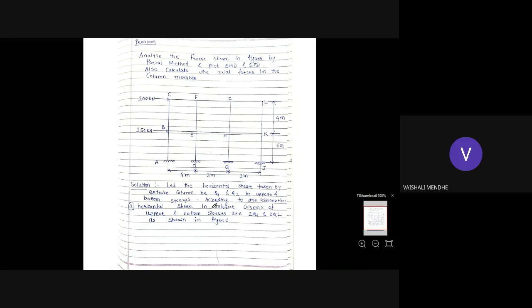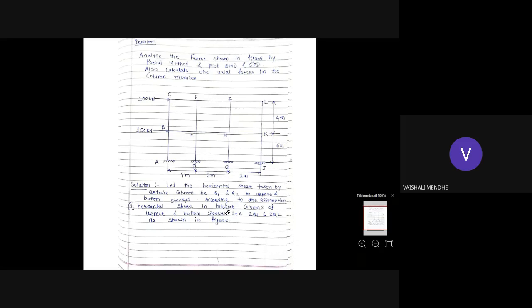Horizontal shear in the interior column of the upper and bottom stories is twice Q1 and twice Q2, as shown in the figure. The interior column will have double the shear, as I told you in assumption 3.